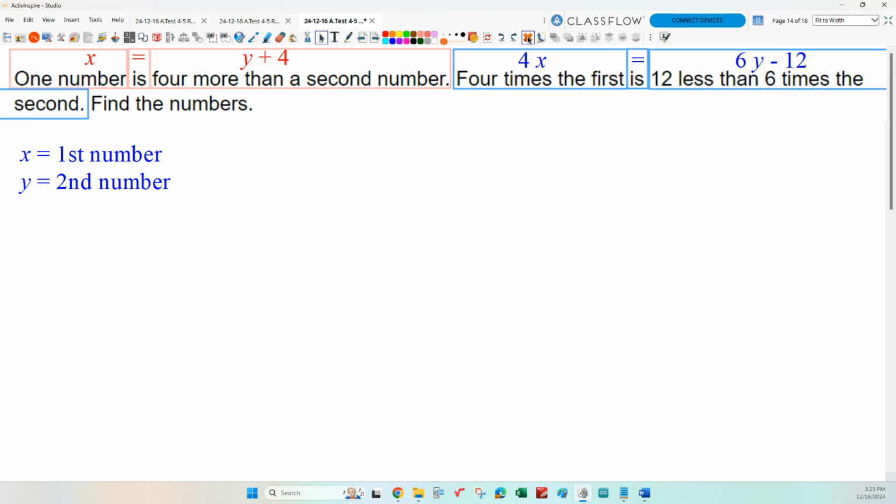You just let technology do that. What would be the easiest way to do this one? I would just put it in graphing because it's not in standard form. We could put it in standard form, but I can just type it in like this into Desmos graphing. So let's try that.